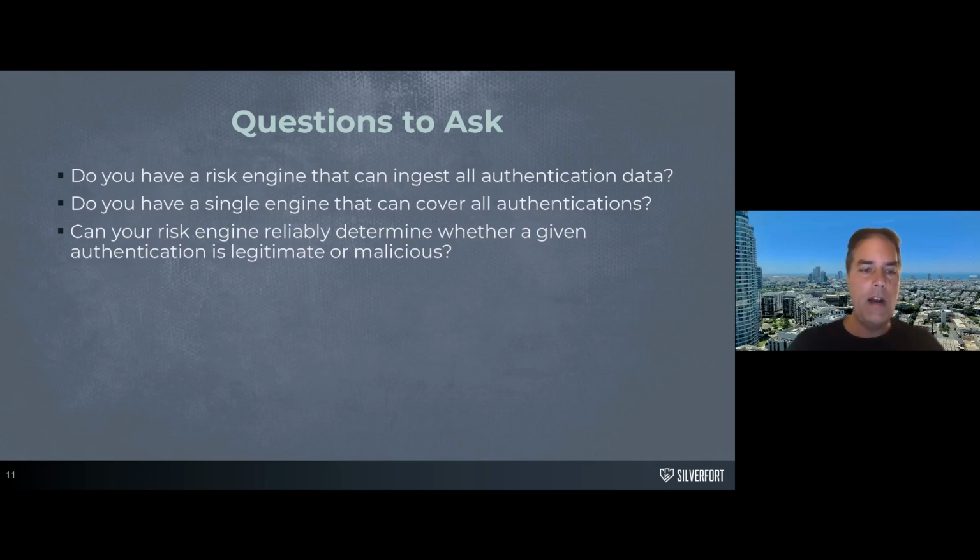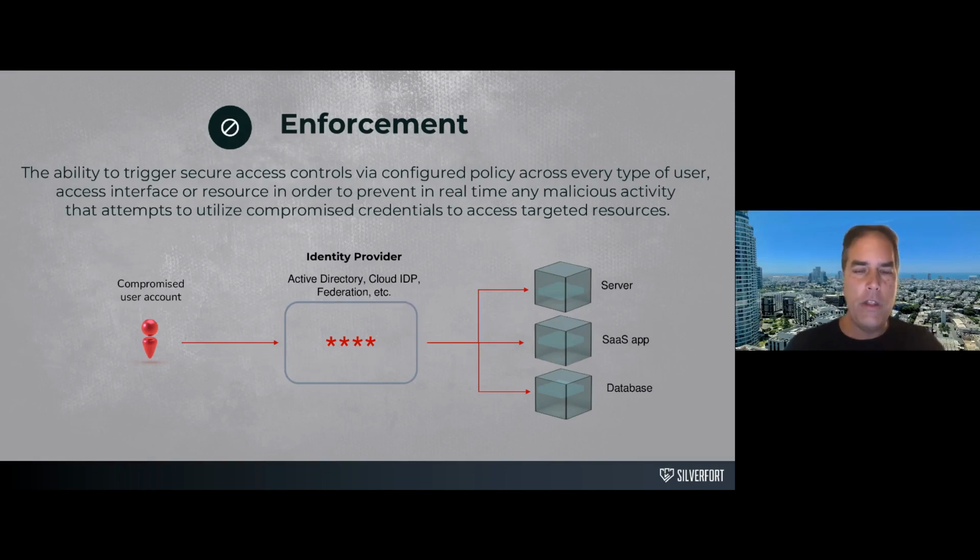So that's really our KPI for context, being able to determine that despite the fact that the credentials are valid, we're able to identify that this is malicious behavior because of the context. All right, let's move on to the third pillar, which is really where the rubber hits the road, right?